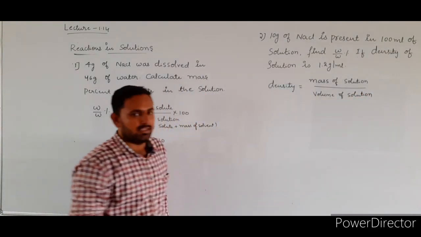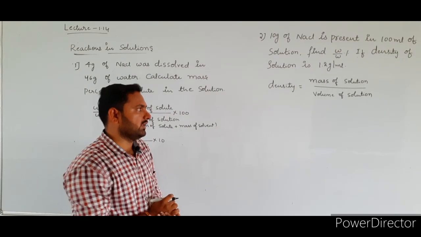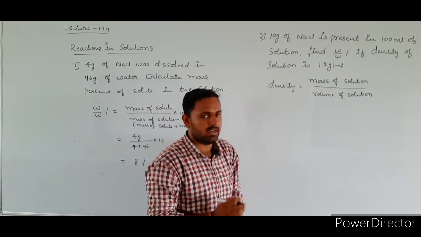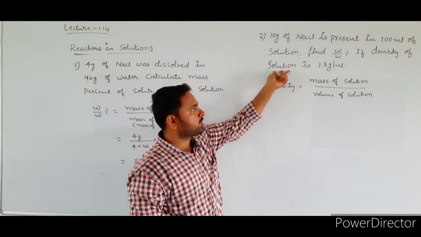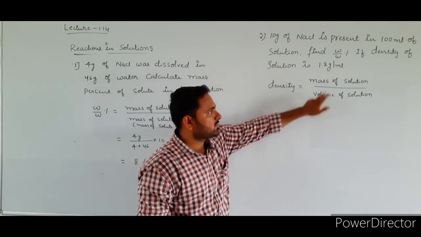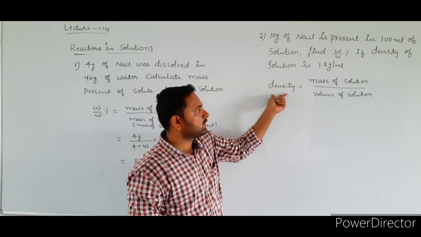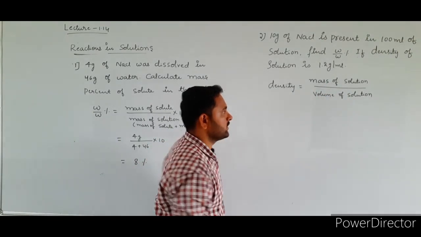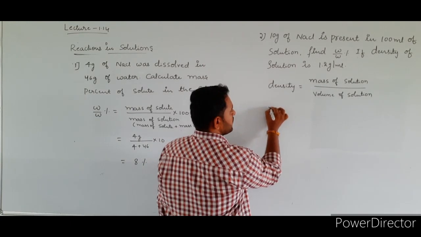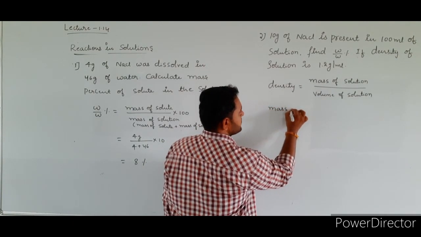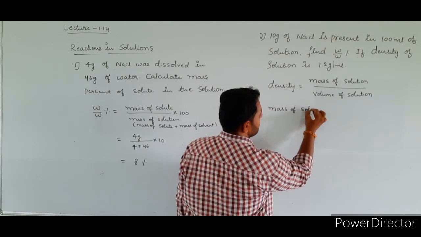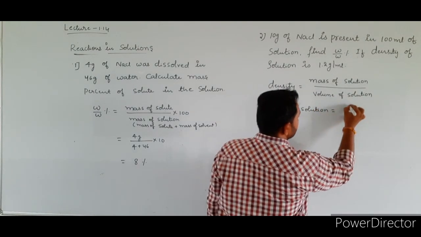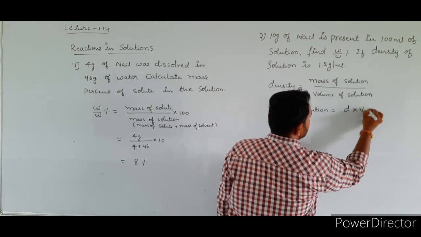In the question, the volume of solution is given and the density of solution is also given. We have to calculate the mass of solution. Mass of solution is equal to density into volume of solution.